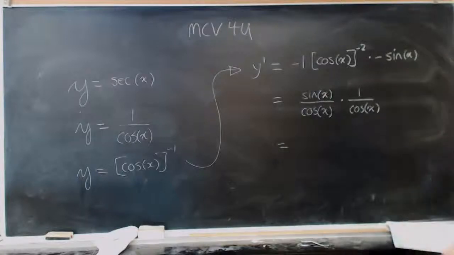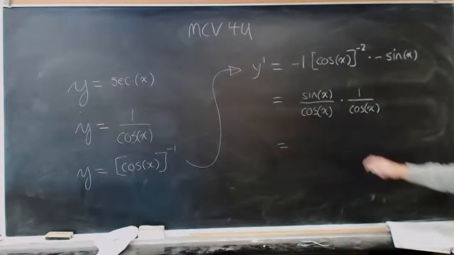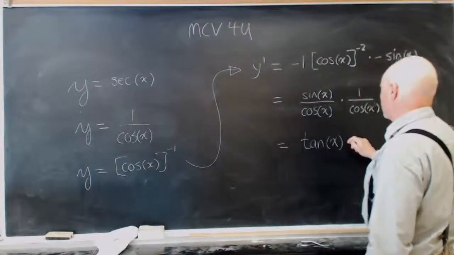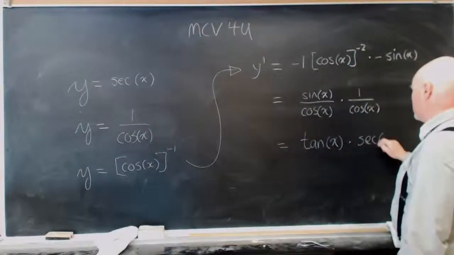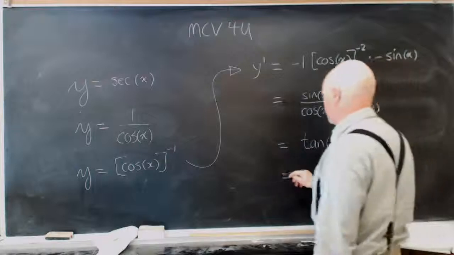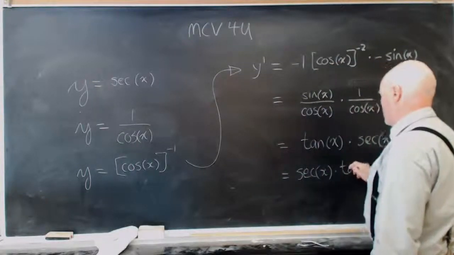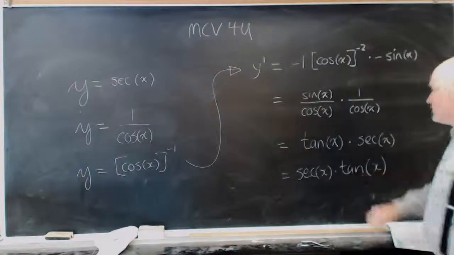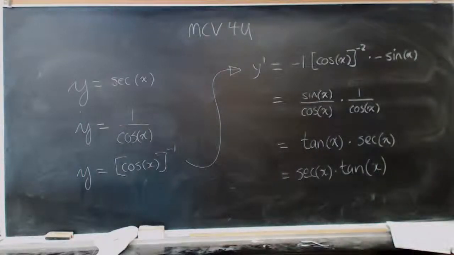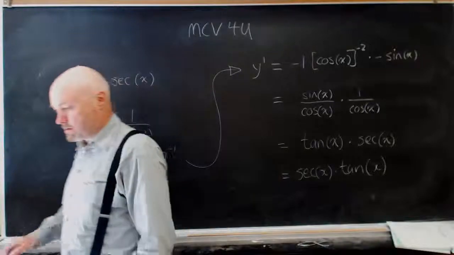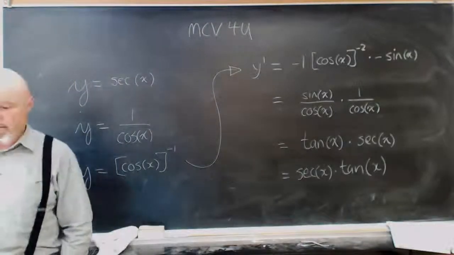But we can actually write it as tan of x times the secant of x. Or sec tan. All right. That's that.